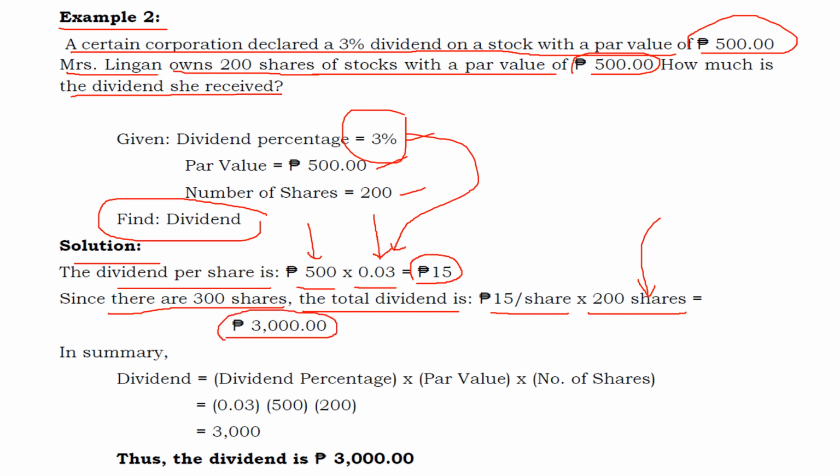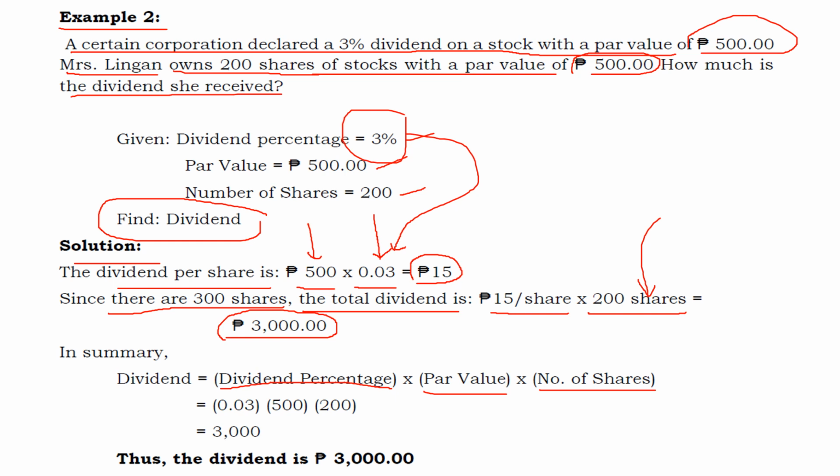That will be the total dividend in this problem. So in summary, the dividend is equal to the dividend percentage multiplied by the par value, which is 500, and multiplied by the number of shares, which is 200. That will be the formula designed for the dividend.